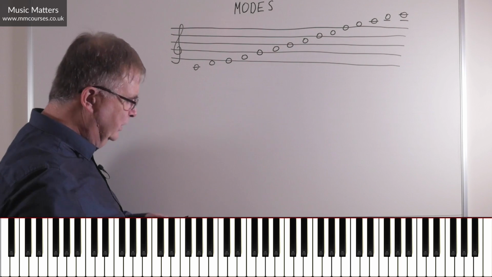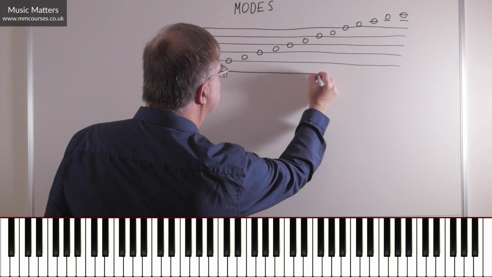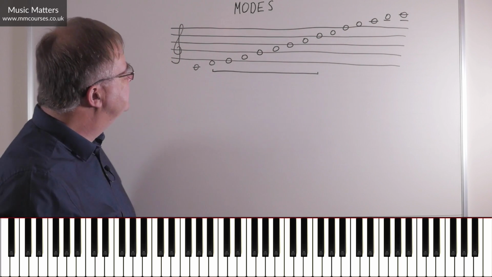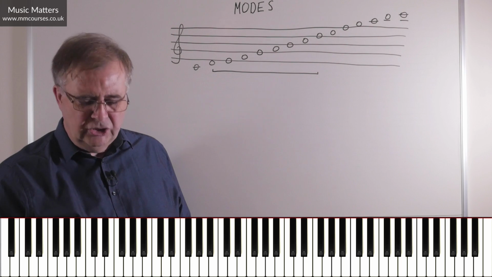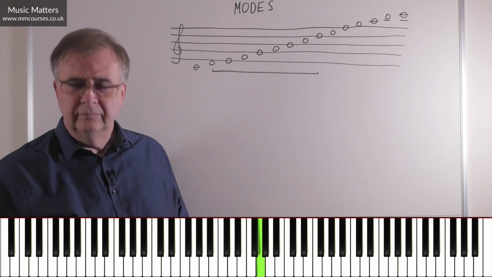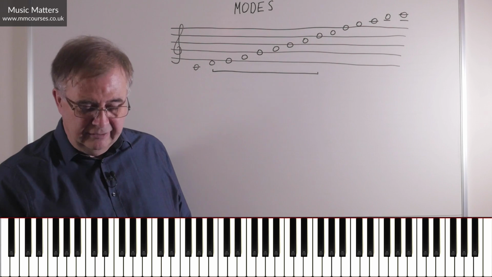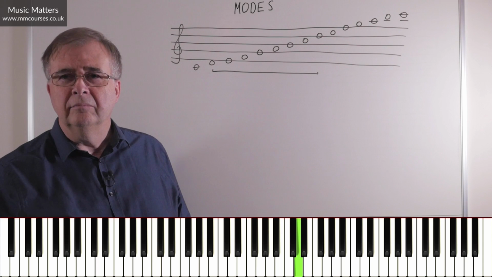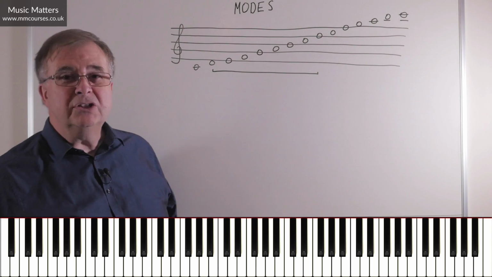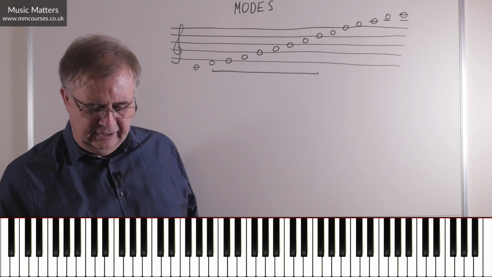Now, what about if we use the notes from D to D? If we were going to play a scale that went from D to D, we'd quite likely put an F sharp and a C sharp in it. That's kind of what we're used to listening to. We might even hear a scale of D minor. But back in the days of modes, the D to D would have been on white notes like this.